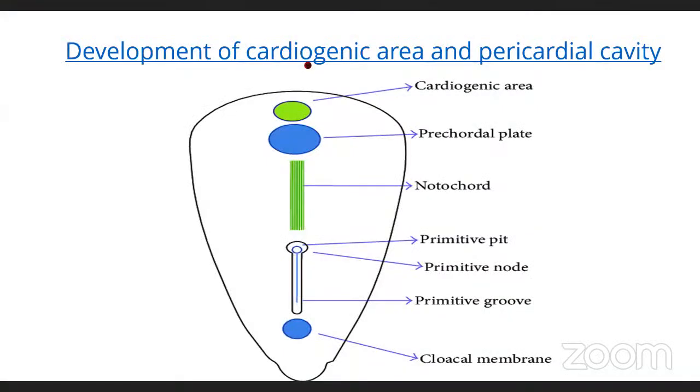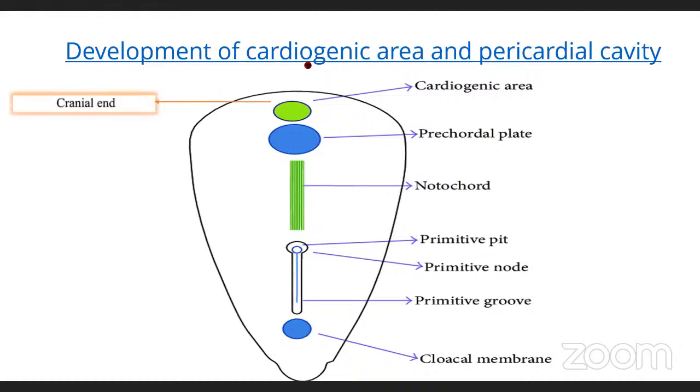So first, we have to start with this diagram, then go into the folding process of the heart tube. Looking at the top, or superior view, of this embryo, you will see two portions.